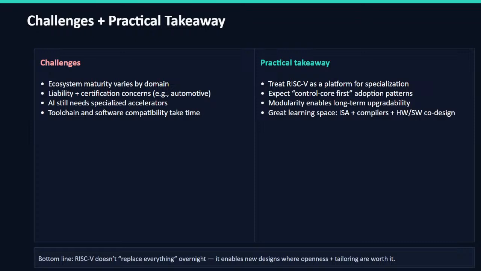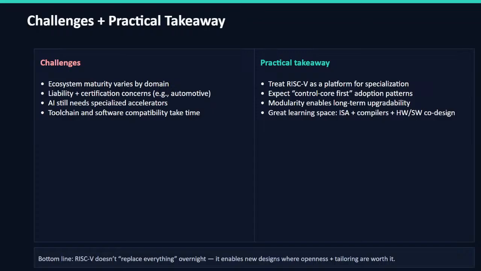Third, for AI workloads, the control CPU, whether it is RISC-V, ARM, or x86, usually still needs a dedicated accelerator for matrix or tensor work. And finally, compatibility takes time. Compilers, operating systems, and libraries have to be tuned and validated.